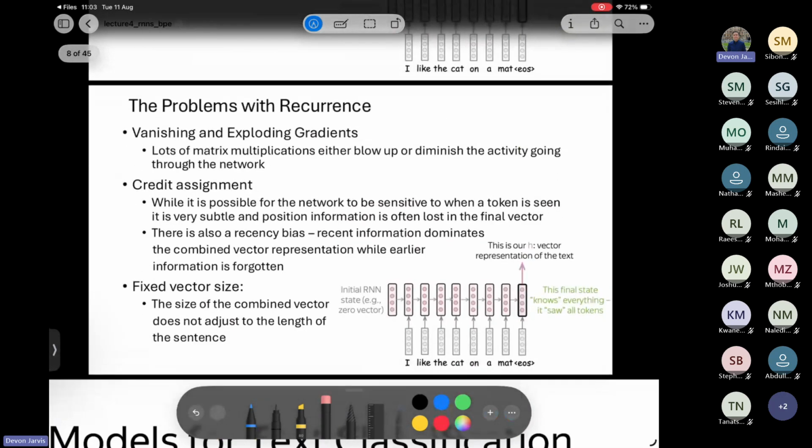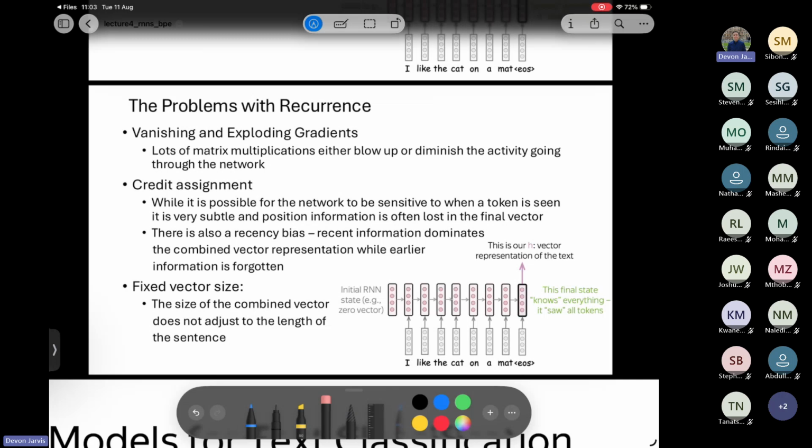Okay, and then lastly, what we also just said earlier online is we have a fixed size vector that needs to represent all of the stuff coming through. So if my sentence gets really, really long, to the extent that it can be 7 books of Harry Potter, well, then I'm going to have to now squeeze 7 books of Harry Potter into one latent space. But if my training data is all short sentences of roughly 10 to 20 words, I'm a lot happier. That's easier for me to represent in the same sized vector.